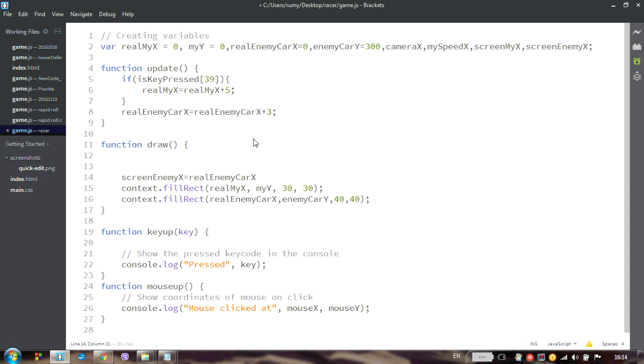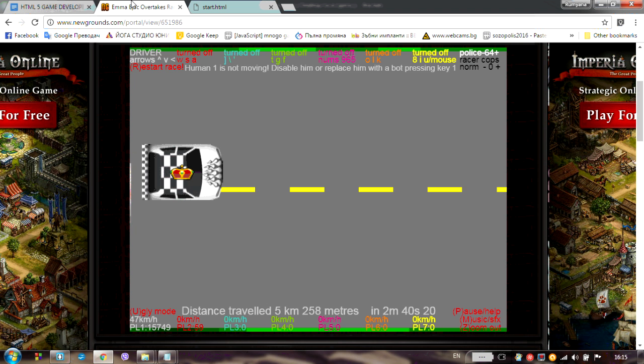This can be evaluated by subtraction. I can write here minus camera X. Actually, camera X could always be equal to my real X. And in this case, everything is going to be drawn from the most left part of the playing field.